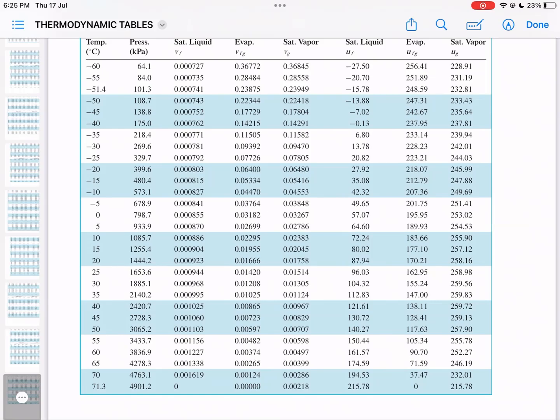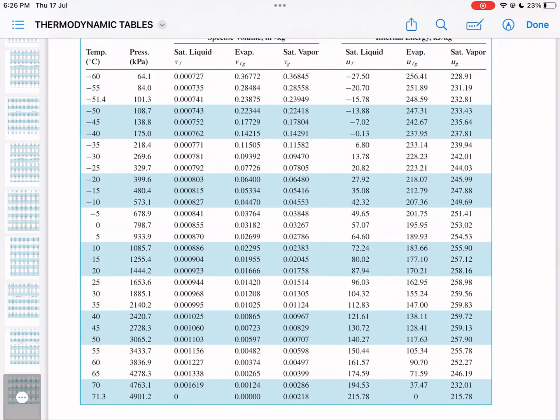We do not know at 100 kilopascal the temperature will be this or whatever. So what we can do is we can interpolate, or if the value is very very close from the table, we can use the next highest or next lowest value. For example, 100 is very close to 99, 100 is very close to 101. So, as table has a 101.3 kilopascal entry, we will be using that entry.